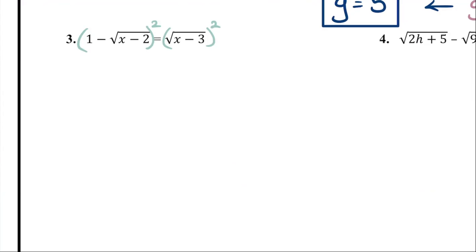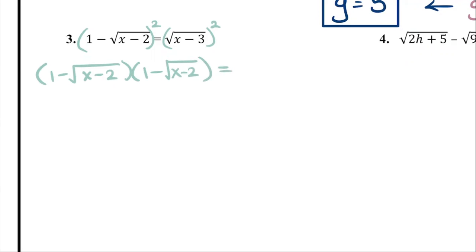I think what you're doing is you're squaring the 1 and then distributing the square, right? Careful, you actually can't do that. You have to FOIL it. So I would rewrite it like this so you remember to FOIL it out.